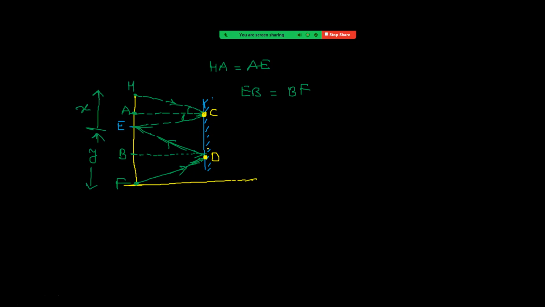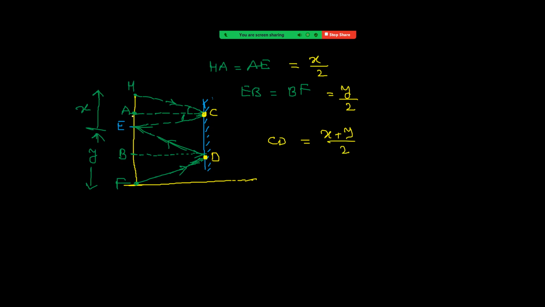And see, the length of CD, how much? EB equal to BF, that is equal to y by 2. Next, HA equal to AE, that is equal to x by 2. That means the length of CD is equal to (x plus y) by 2.